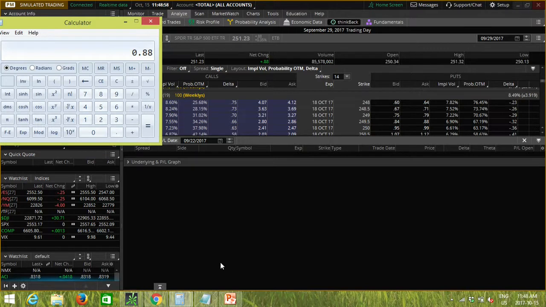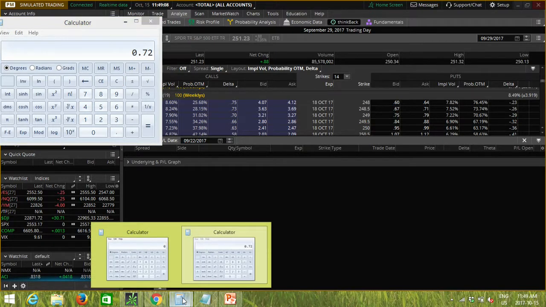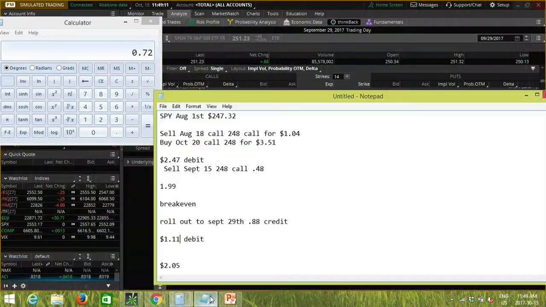Okay, so 4.07 minus the 3.35, 72 cents. Right? So if we do it that way, we're going to lose out in the position, because that 72 cents is still going to leave us with a debit on there, right? Of like 39 cents. So we lost money on that.